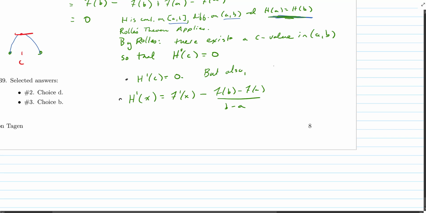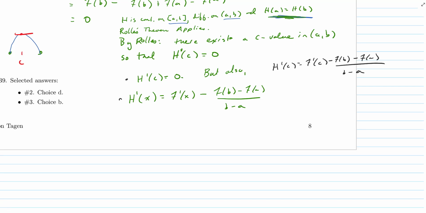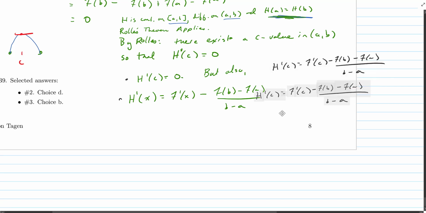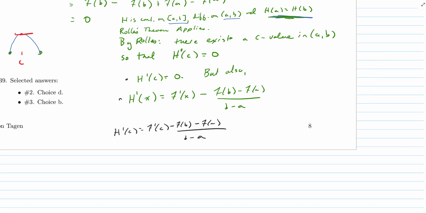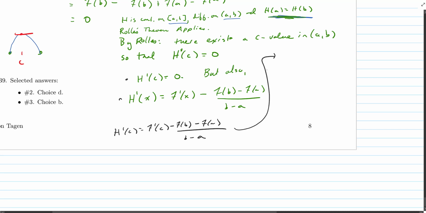So what would be h prime of c? H prime of c, if I replace the x's in here with a c, is f prime of c minus f of b minus f of a all over b minus a. Whew, I ran out of room. I guess we better put it back down here. But since we know that's 0, we have that f prime of c minus f of b minus f of a all over b minus a must equal 0.